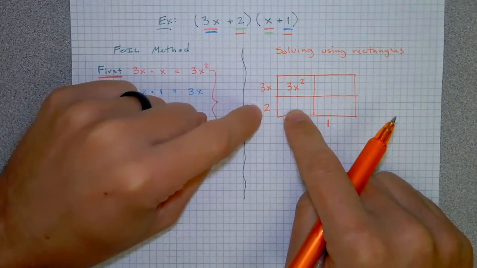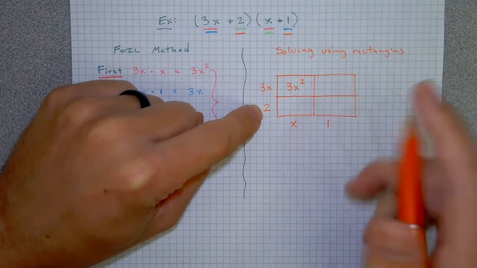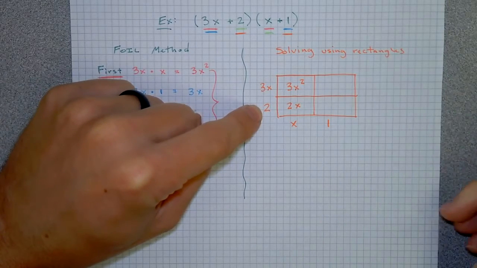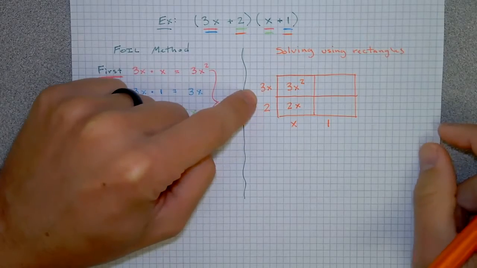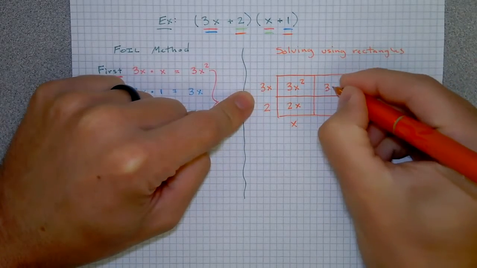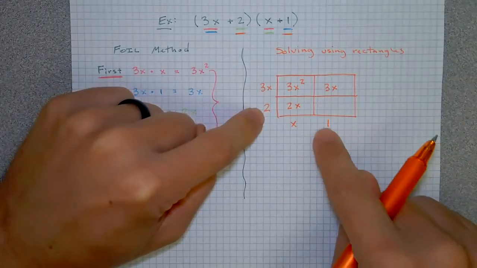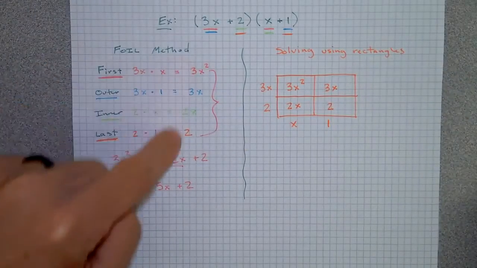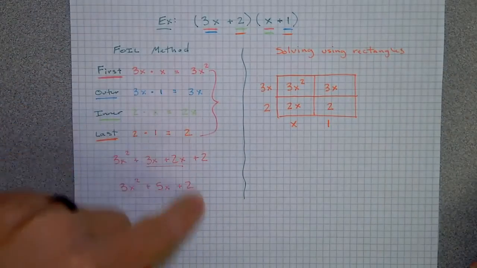If we go down to the bottom one, that's going to be a 2 and an x, 2x. 3x times 1 goes up top. 2 times 1 goes down here. Okay, we got all the same values we did using the FOIL method.